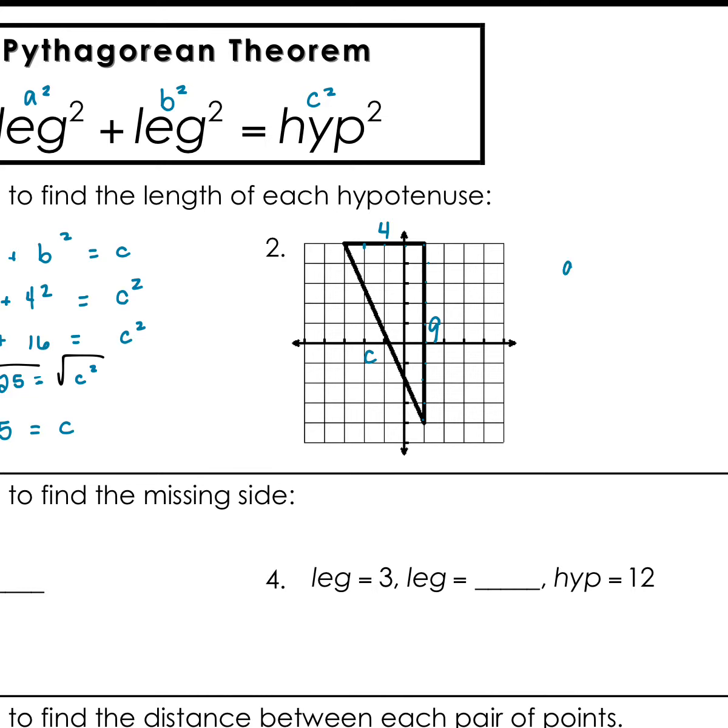So again, we're going a squared plus b squared equals c squared. 4 squared plus 9 squared equals c squared. 4 squared is 16. 9 squared is 81. c squared is our unknown, of course.